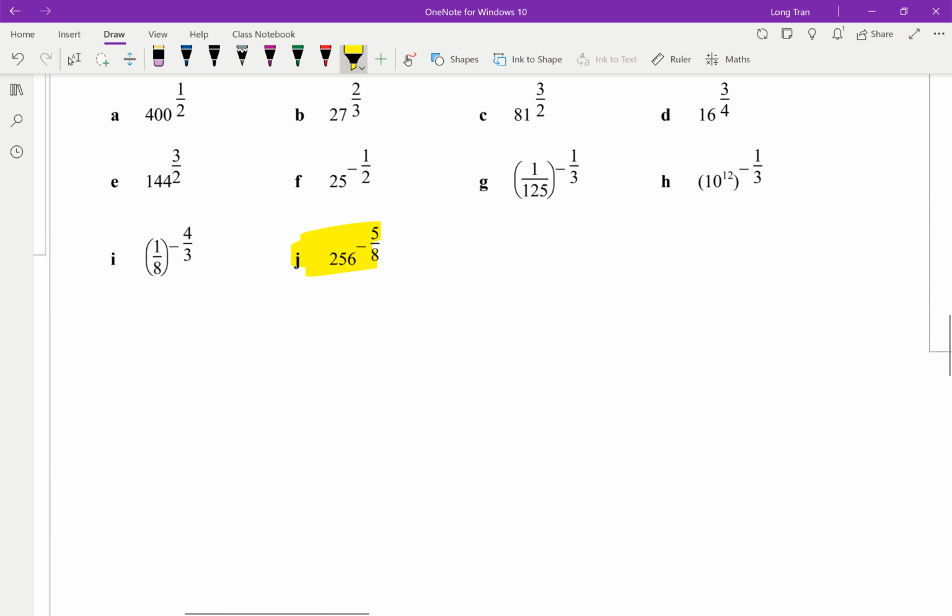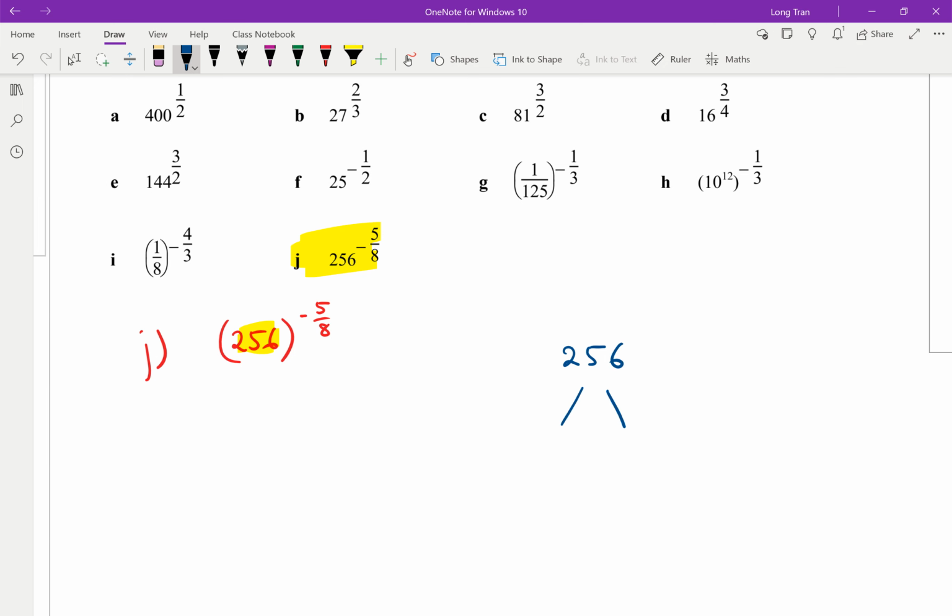Let's do J. So J question is, if you have 256 all to the power of negative 5/8. Okay, notice I like to put in brackets because it makes it easier when you break down the 256 using our factor tree. This may challenge some of you. 256.